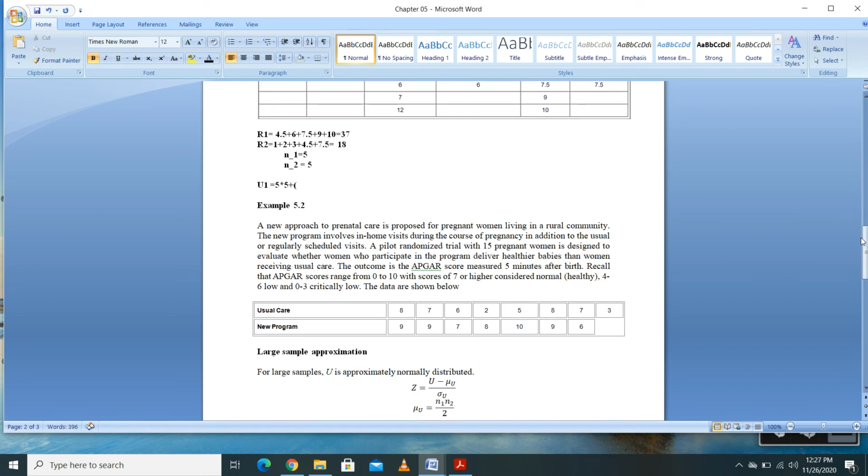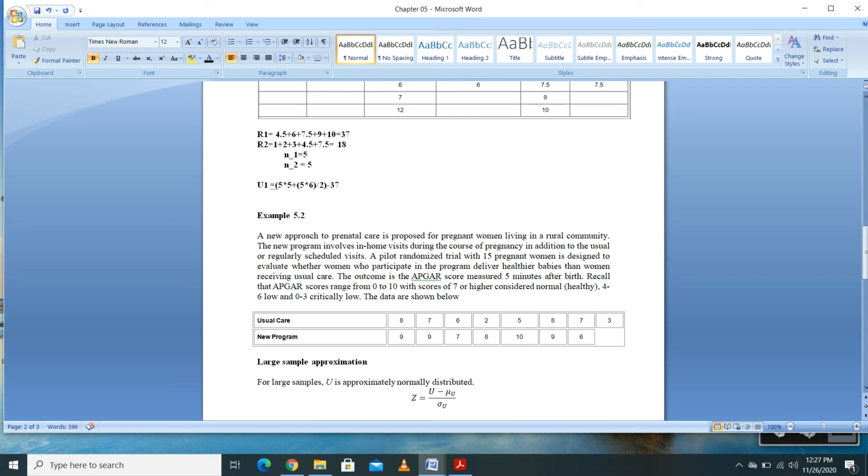So here N1 is 5 into N1 plus 1 is 6, divide by 2, and from the whole thing you have to subtract R1. In our case R1 is 37.